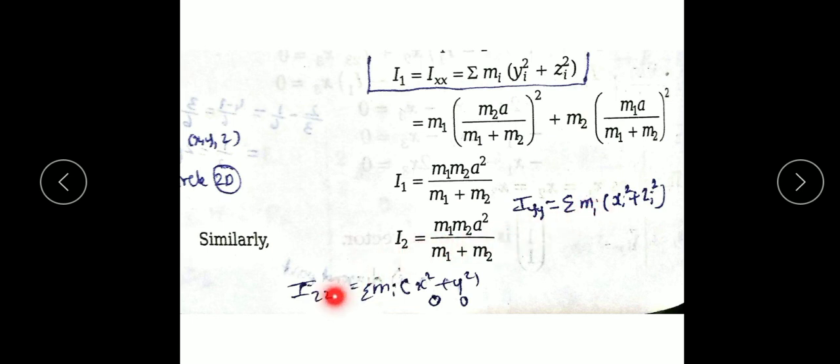And Izz is nothing but summation mi into xi square plus yi square, as the x component and y component are 0 for both cases. So this would become 0. Hence we would have I1 equal to m1 m2 a square by m1 plus m2, and I2 equal to m1 m2 a square by m1 plus m2. That is I1 equals I2, but Iz is 0.